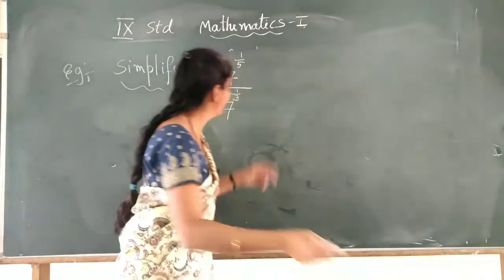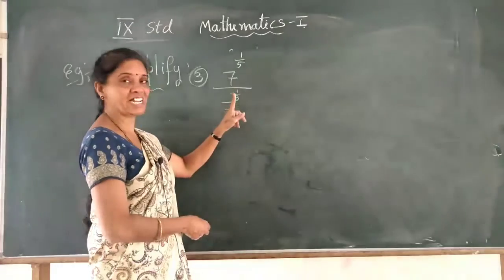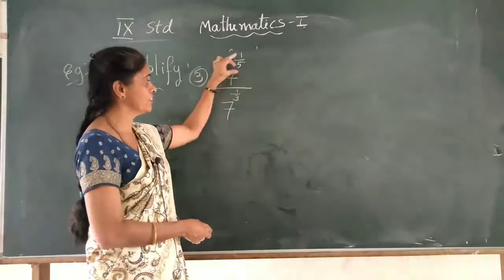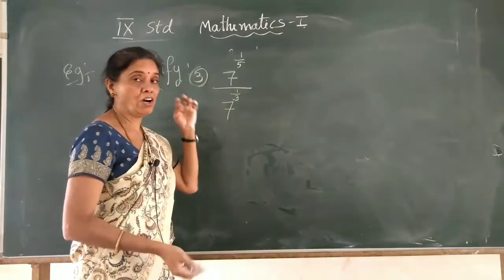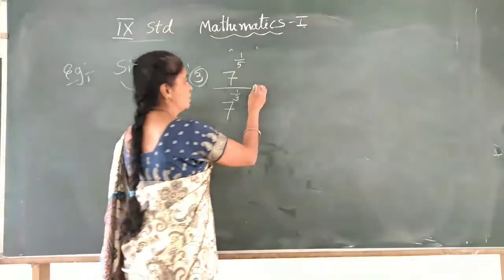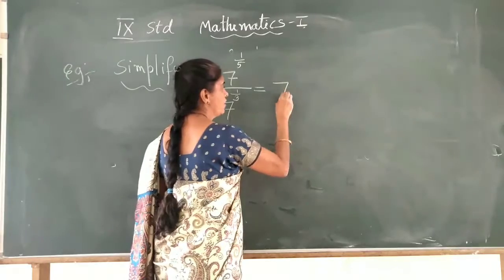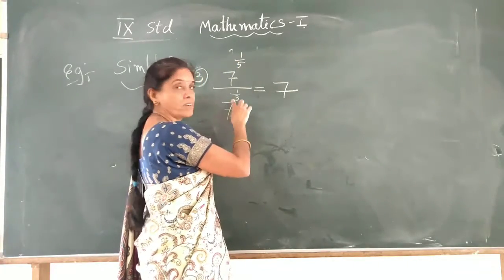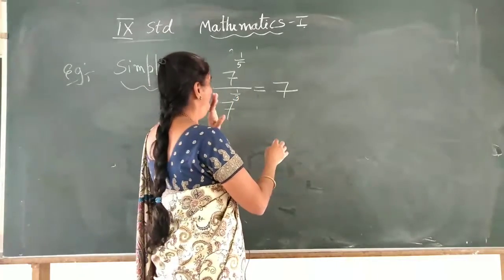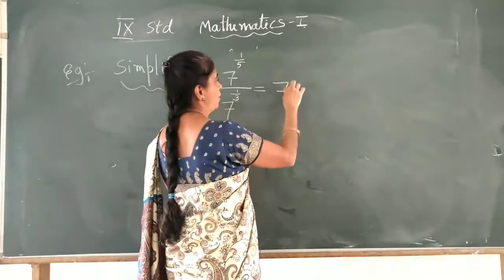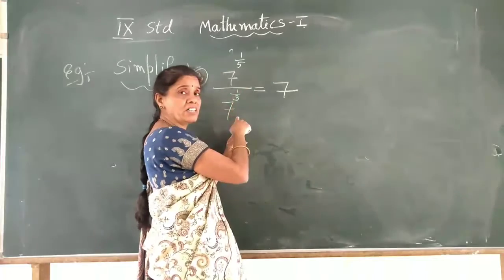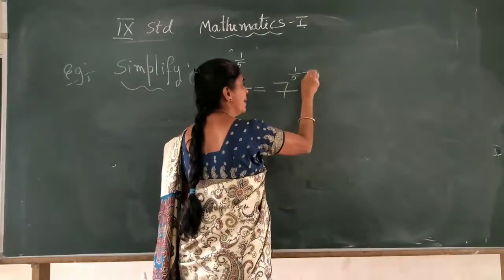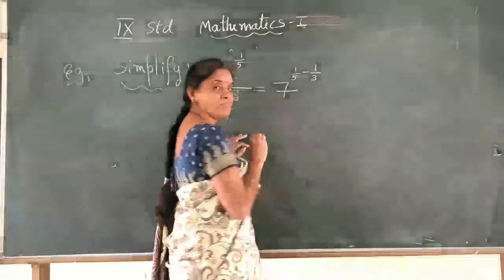Here again 1 by 5 is rational number, 1 by 3 is rational number, no problem. If they are rational numbers also, we can apply the law of indices. So it is equal to 7 to the, base is same, a to the power of m divided by a to the power of n. So it is a to the power of m minus n, this minus this. So it is 1 by 5 minus 1 by 3, right?